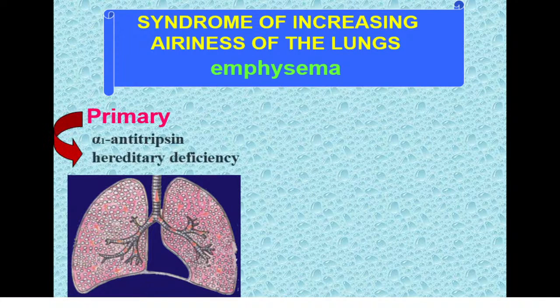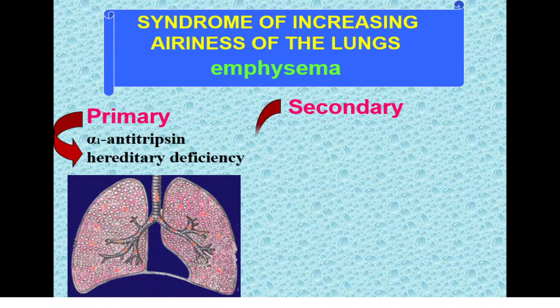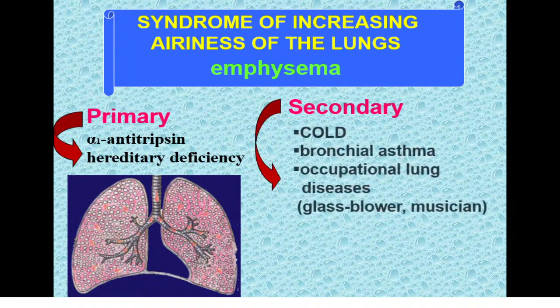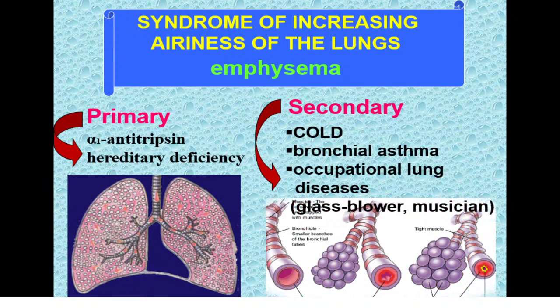Rarely we will meet patient with primary emphysema due to hereditary deficiency of alpha-1 antitrypsin, which is characterized with decreased elasticity of the lung. More often, emphysema appears secondary as complication of bronchial asthma, chronic obstructive lung diseases, and some professional diseases such as glassblower and musician.